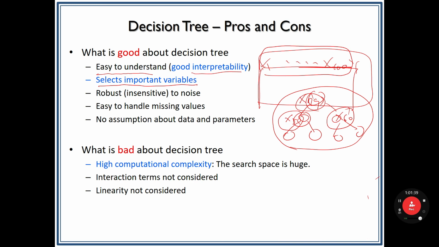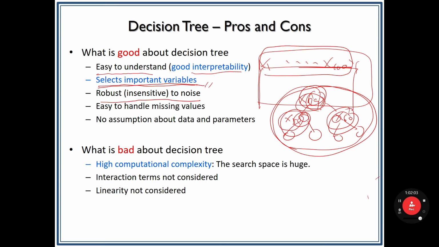They are not needed to make a classification model. And then we know that these chosen variables are important to make a good classification, right? So by making a decision tree, we can select important variables, and it is robust to noise.